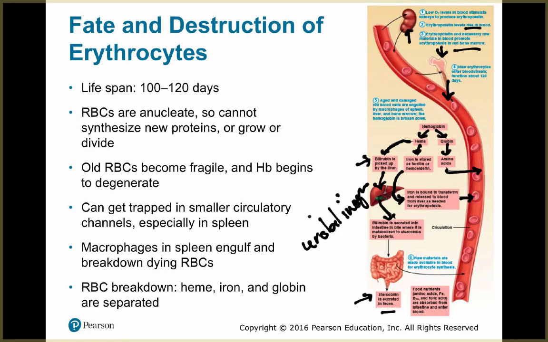And this is a brown pigment. That's why your feces is brown. So it's all because of the red blood cells, or the heme group within your red blood cells, that allow your feces to be the color that it is, on top of the pigments that you get from food. So this is how essentially red blood cells are broken down.